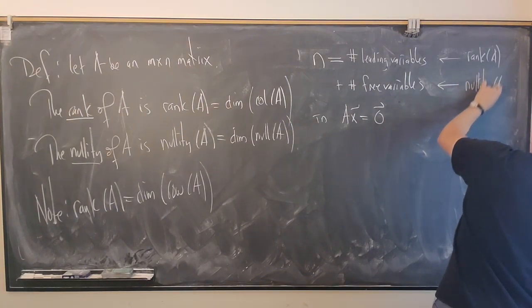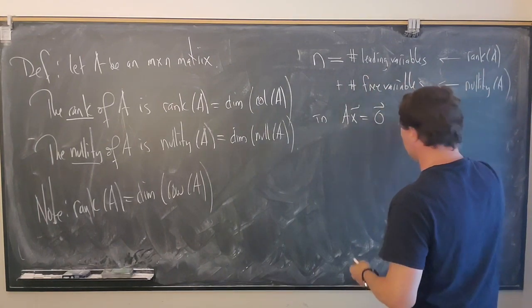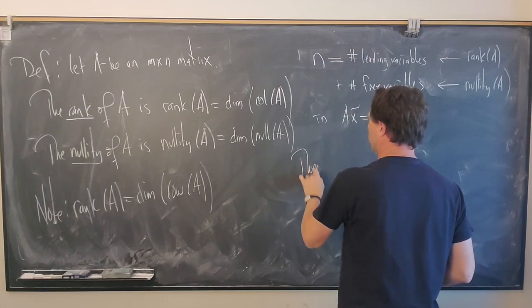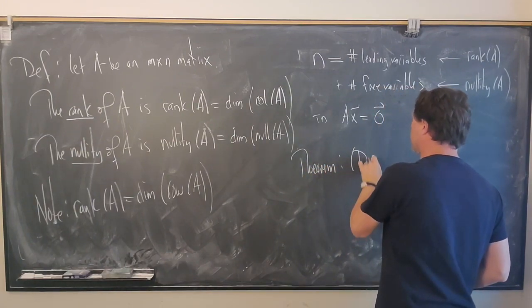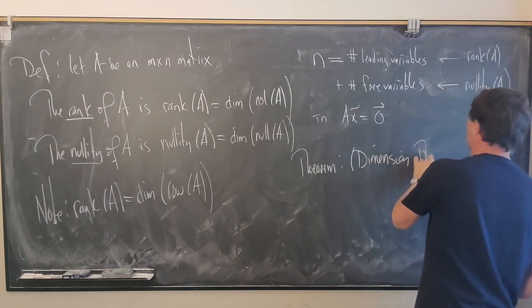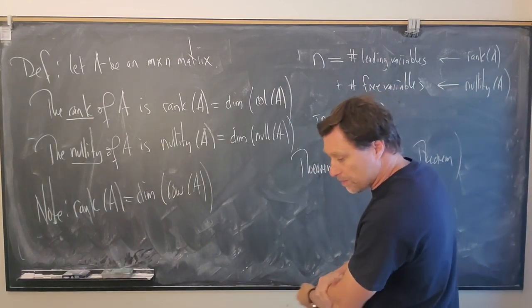So the free variables number is exactly equal to the nullity of A. Putting all of this into a theorem, it has a name, it's called the dimension theorem. And it goes like this.